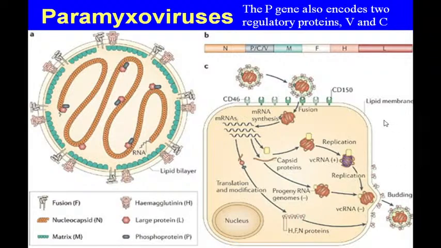It means if we have a neighboring non-infected cell, the infected cell can attach through the hemagglutinin glycoprotein to the non-infected cell, and through the fusion protein, the cell infected with the virus may fuse with the non-infected cell.